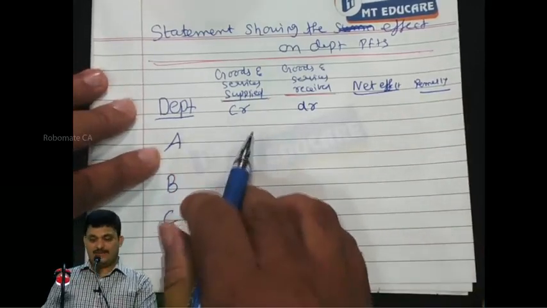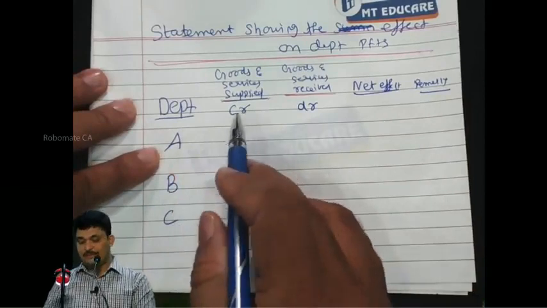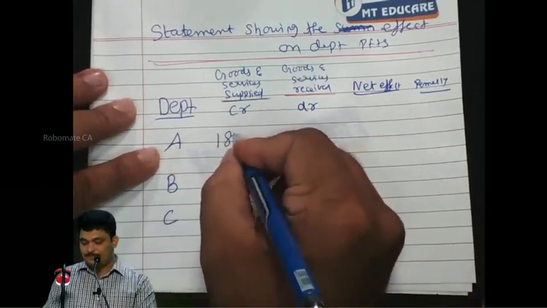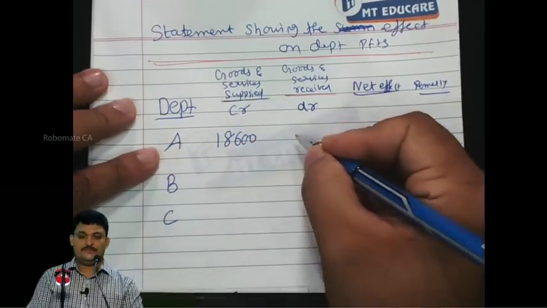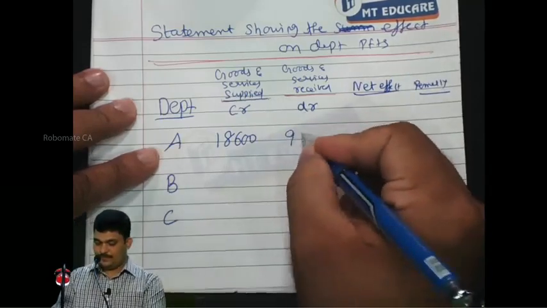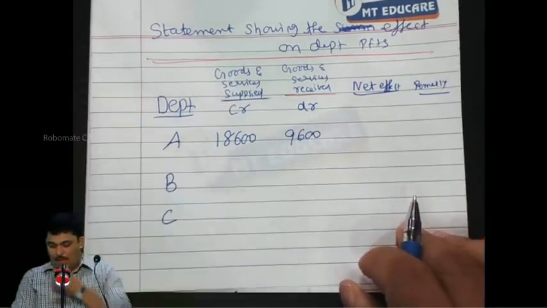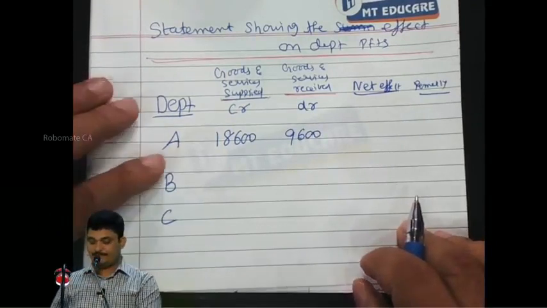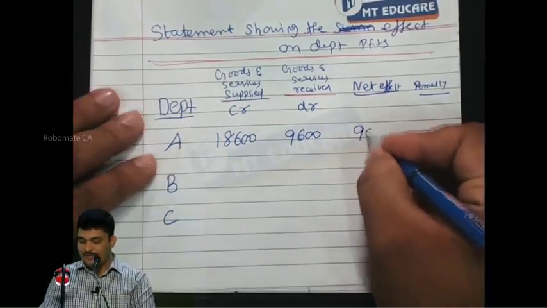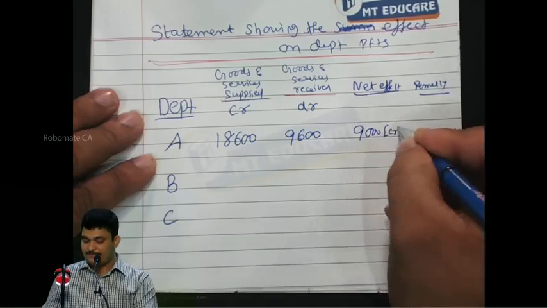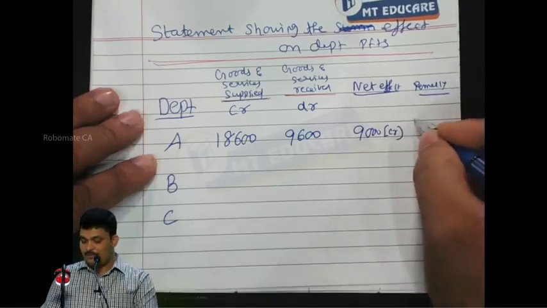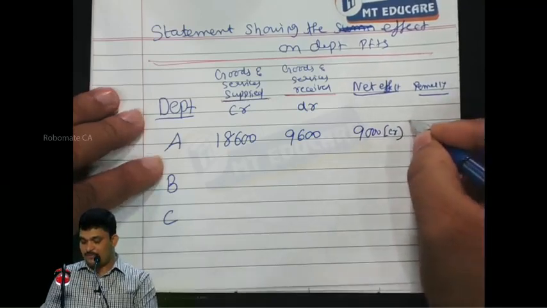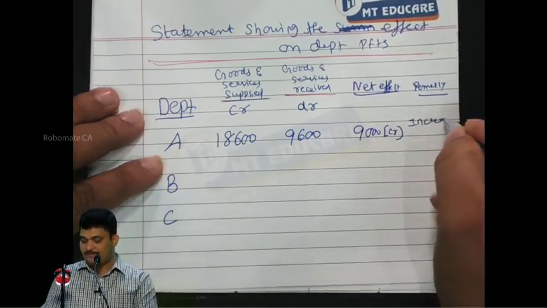For A, what is the goods and services supplied? Received 9,000. Net effect 9,000 credit. So it increases the profit.